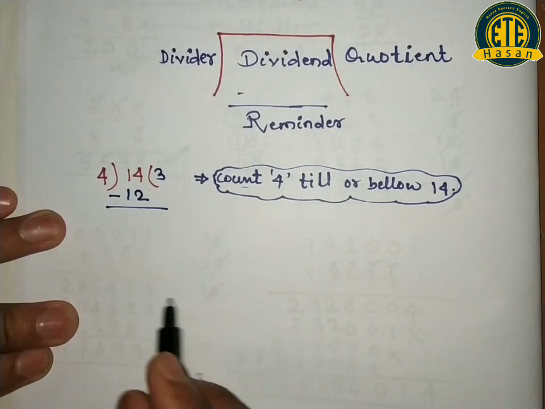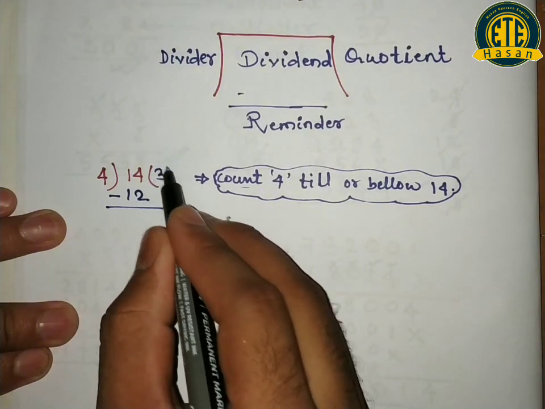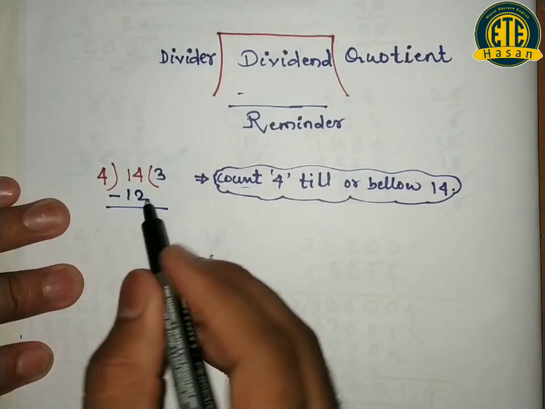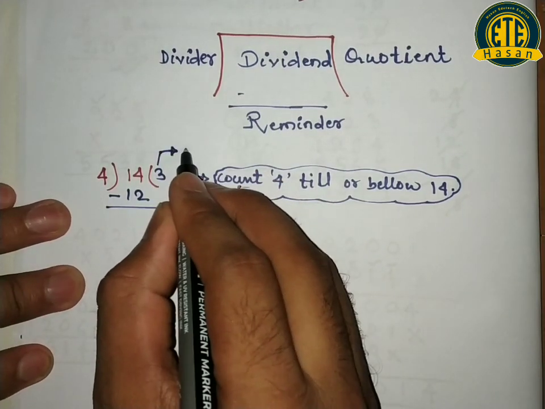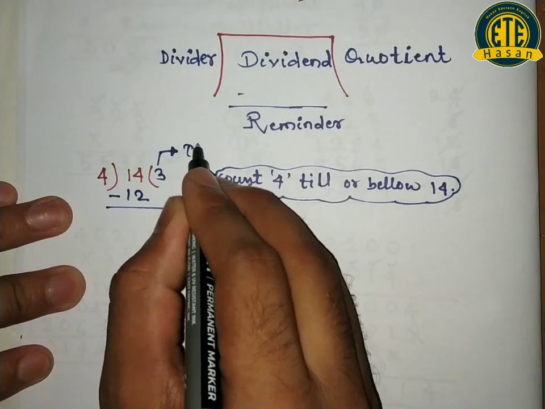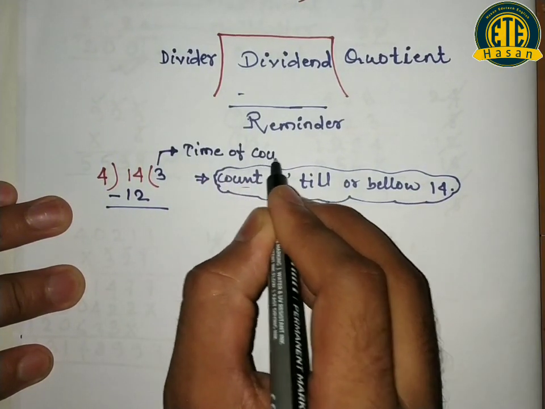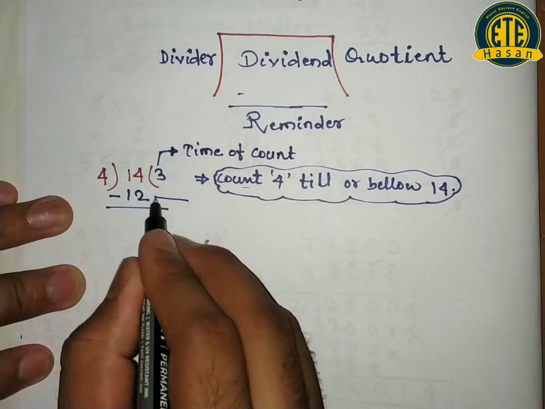Now we have to subtract. Here is the number of counts, here is the total. Here is the times of count. Here, 3 times, 4 counted 3 times will be 12.